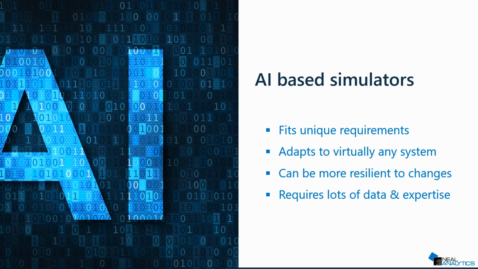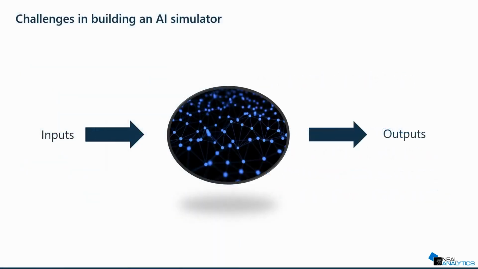So let's drill down a bit more into this concept of AI-based simulators. An AI-based simulator will need three key components. The first one is a clear definition of all of its inputs and outputs. As mentioned previously, an AI simulator will simulate a system by simulating its behavior, and therefore the state of the system based on a given set of inputs.